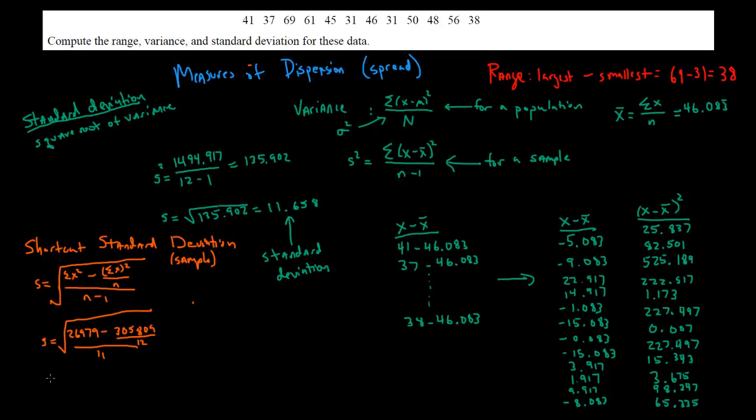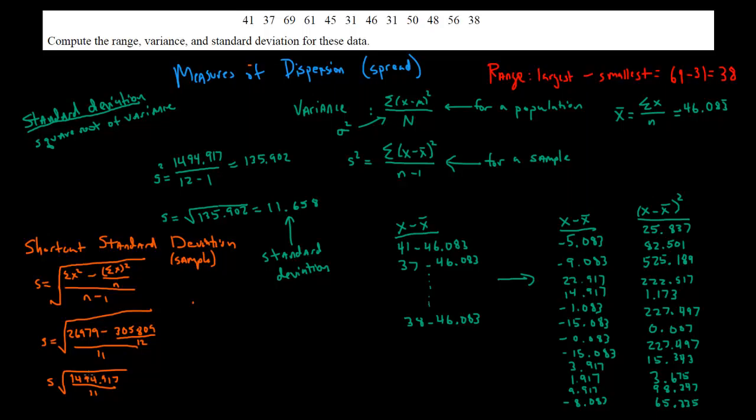Sorry guys. Okay, so right here, let's simplify the numerator. So what we need to do is take 26,979, subtract off 305,809, which is divided by 12, and we get 1,494.917 divided by 11.